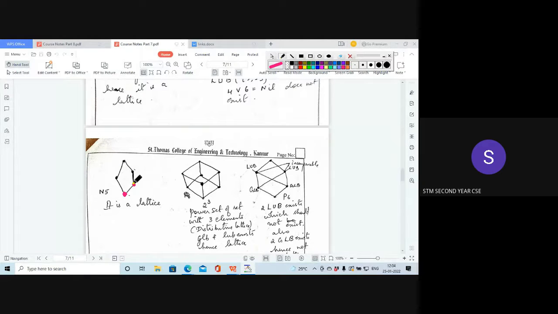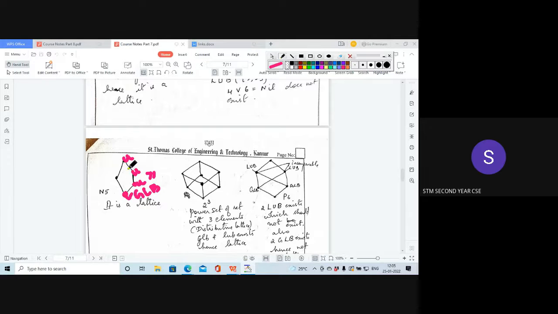So if we take these two, the greatest lower bound is this point. This is the GLB, and this is the upper bound, and this is also an upper bound, because you are including the equal to relation, isn't it? So greater than or equal to relation. So this is the least upper bound, and you have this element as the greatest lower bound.